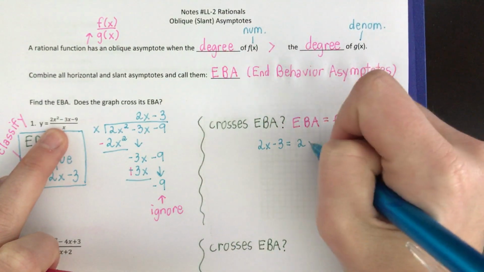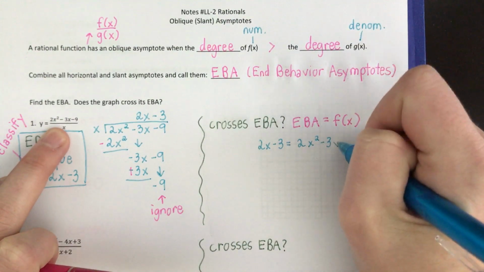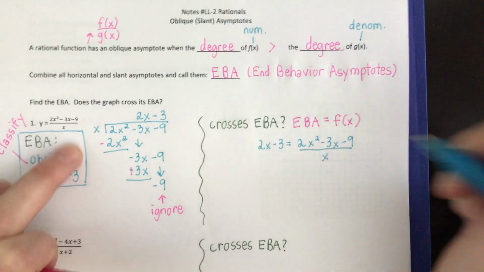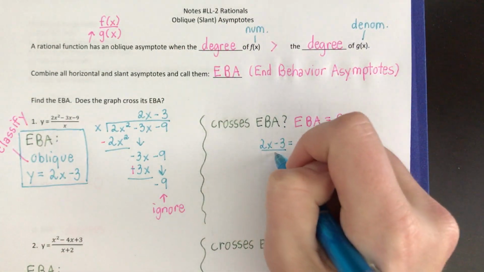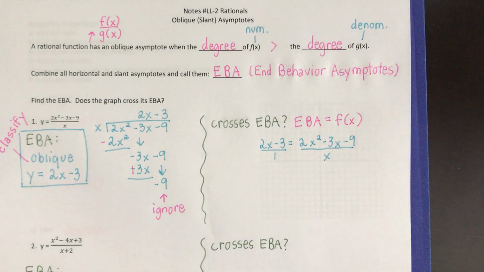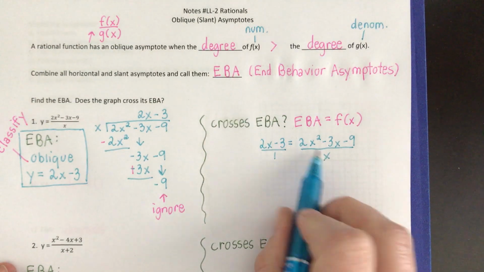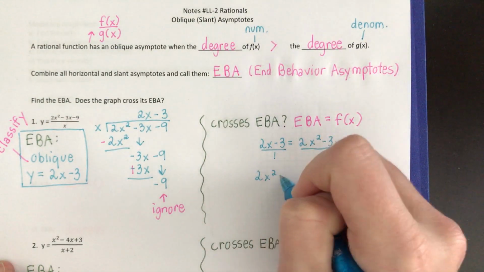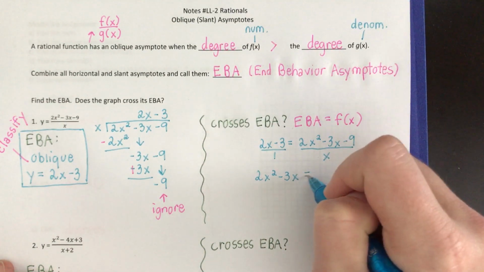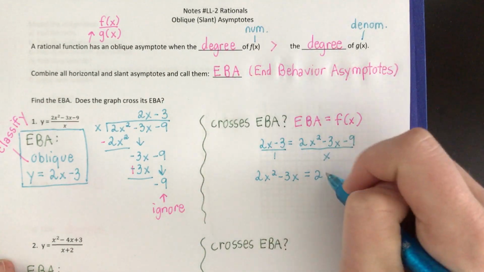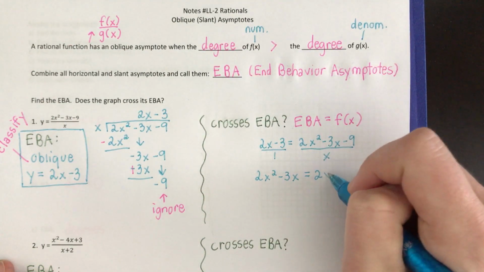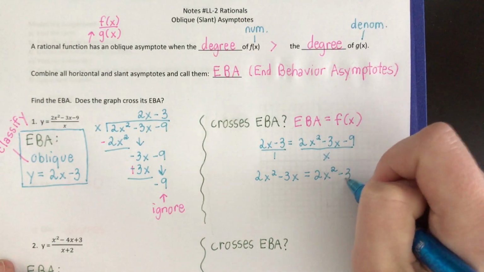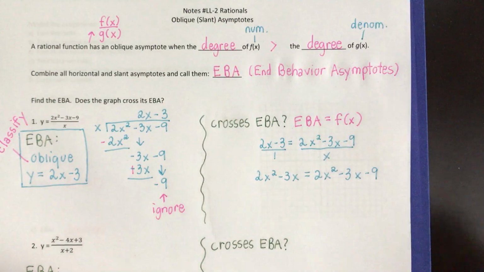equals 2x squared minus 3x minus 9 over x. So then I'm going to put the left side over 1, cross multiply. So of course x will distribute into both terms here. So 2x squared minus 3x equals 1 times all 3 terms in the numerator of the right side, which stay the same.